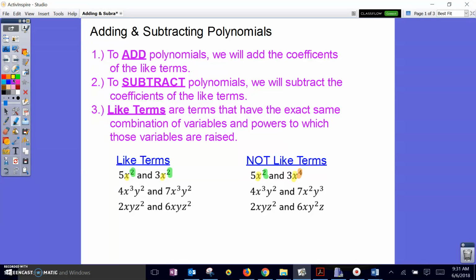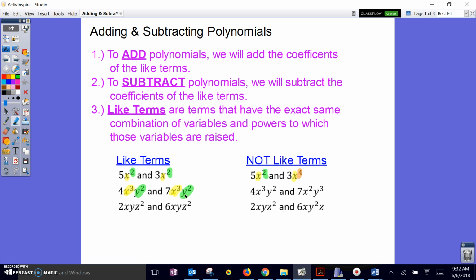If you look down into the second row, like terms, on the left-hand side, 4x to the third y squared and 7x to the third y squared are like terms because they have the same combination of variables and exponents to which those variables are raised. X is raised to the third power in both, and y is raised to the second power in both.